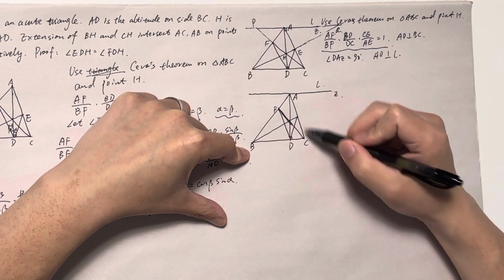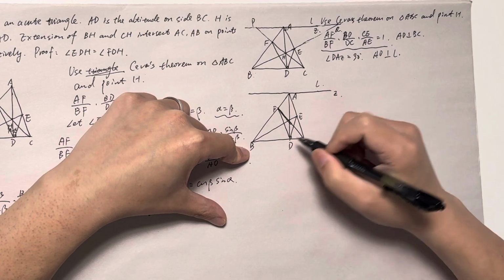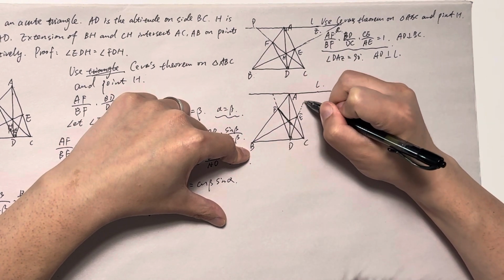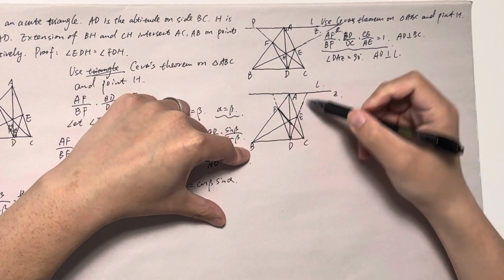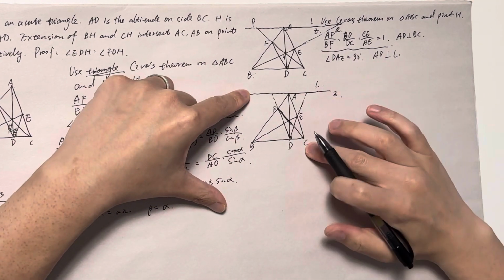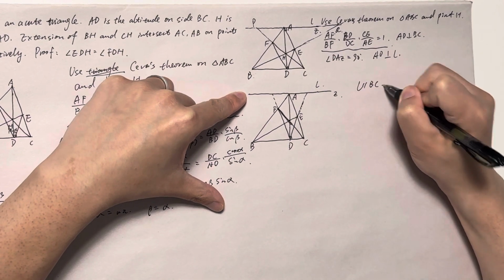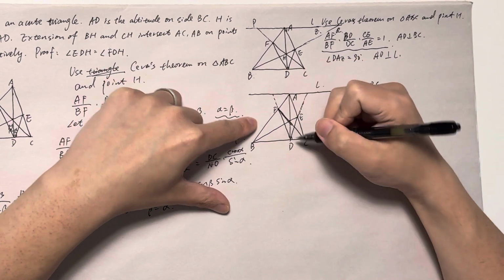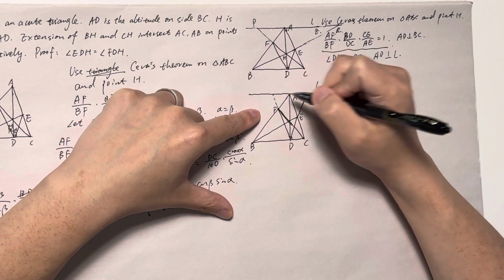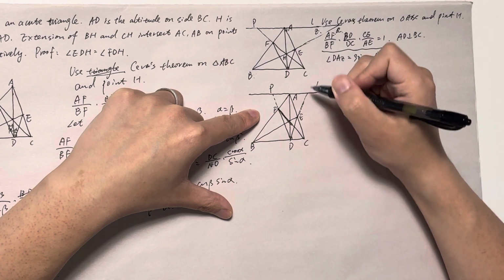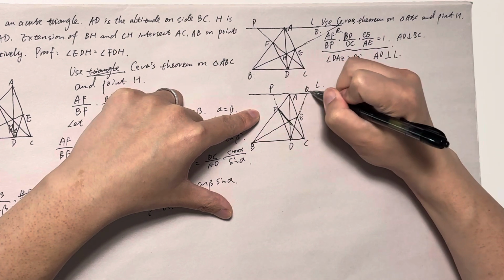And also CE to EA. So that's why we want to extend the DF and the DE. Because we already have a parallel line here, L parallel with BC, we extend the DF, intersect with L on point P, extend the DE, intersect with L on point Q.